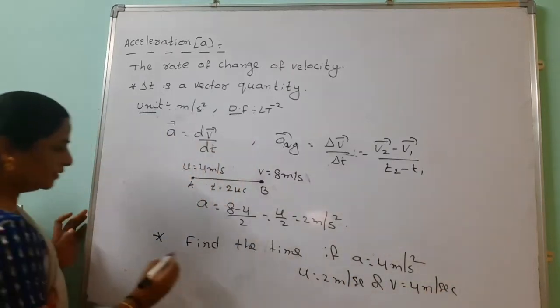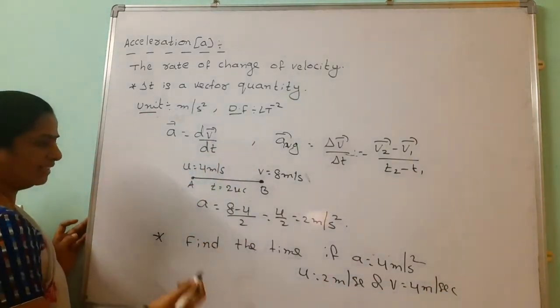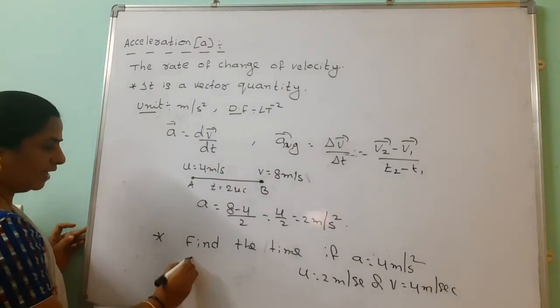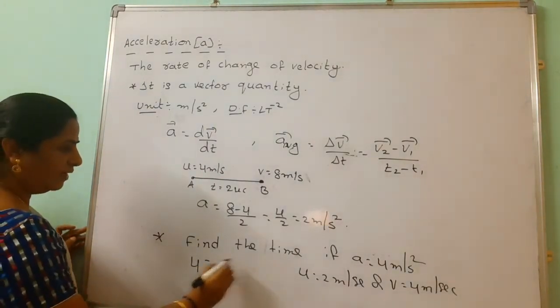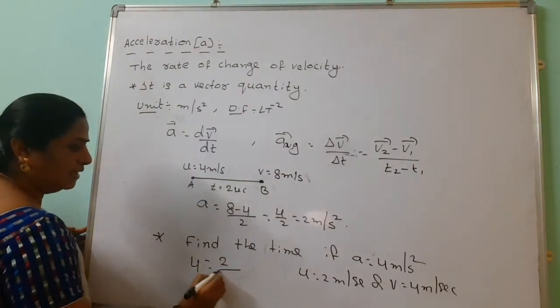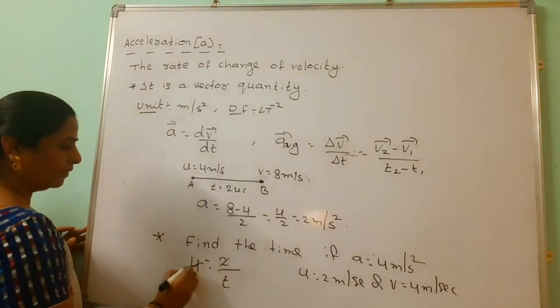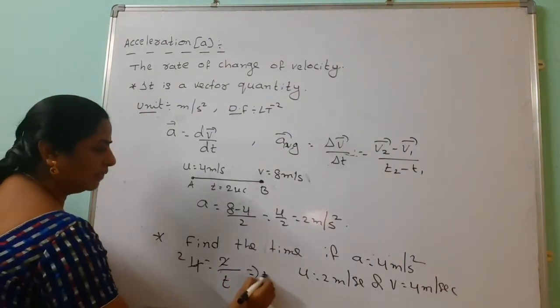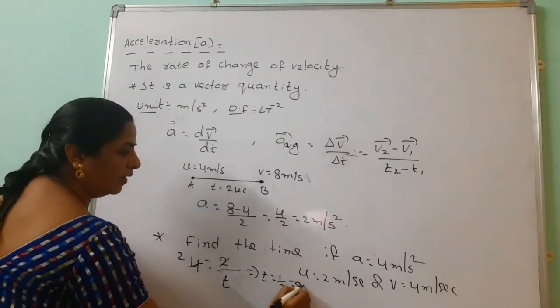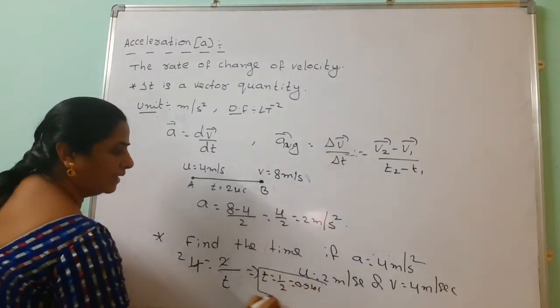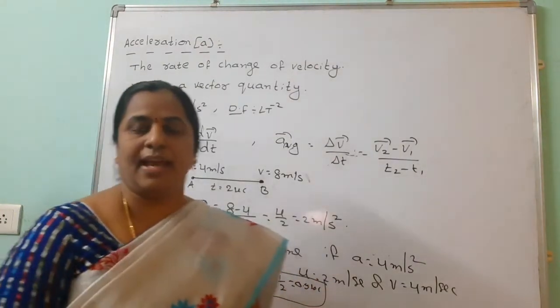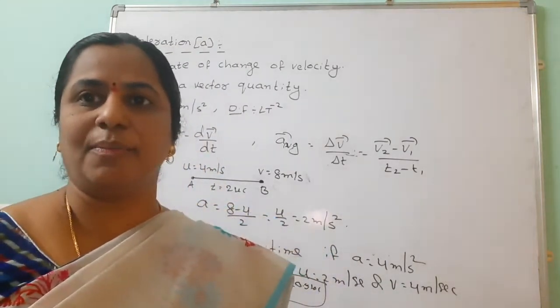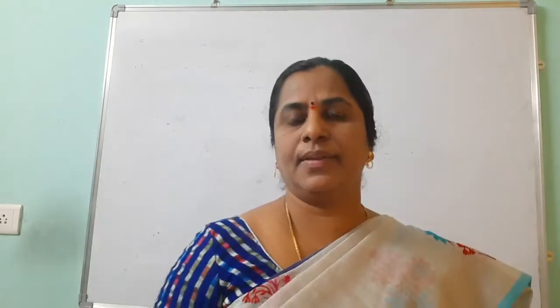Here, how to find the time with the help of the acceleration formula only. So instead of acceleration put 4, final velocity minus initial velocity is 2, by t. t equals 1 by 2, 0.5 seconds. Like that we can find out the acceleration. This is the simple formula for acceleration.